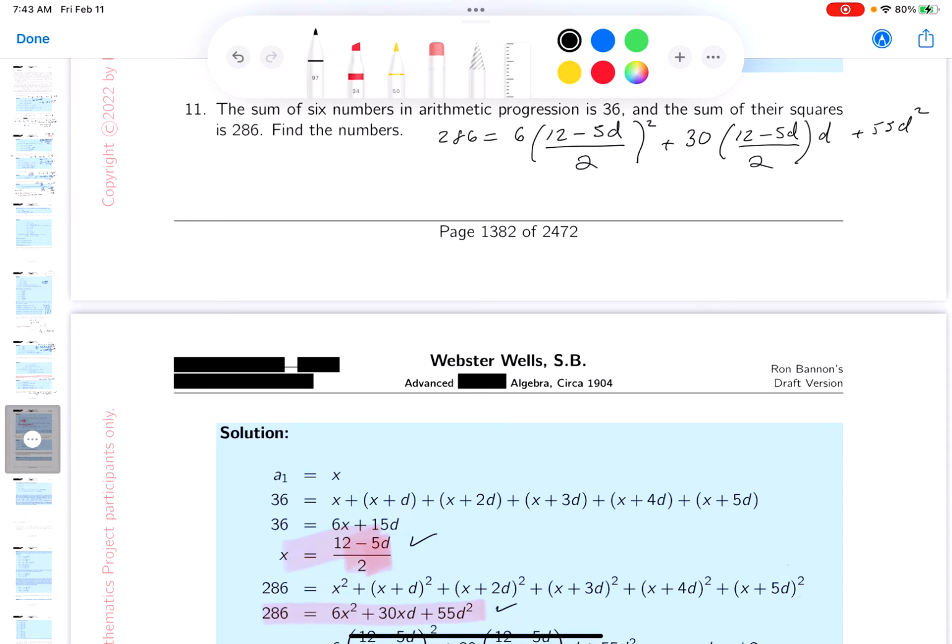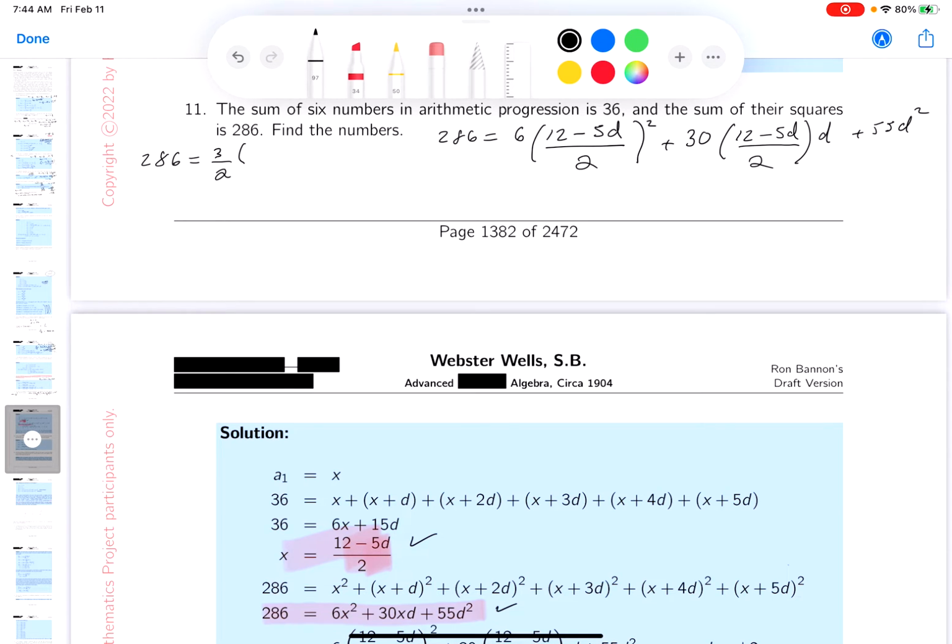All right, here comes the tough part. I've got to do that, and it doesn't look pleasant. I guess you could do some things with it, but I'm just going to start doing the arithmetic now, and I'm going to be careful about it. So I'm going to write down 286 equals, well, 2 on the bottom squared is 4, so it's 6 quarters. And 6 quarters is 3 halves.